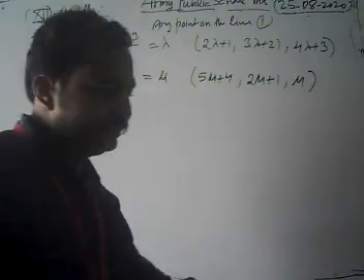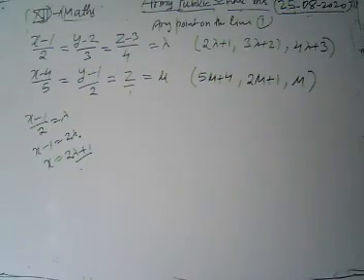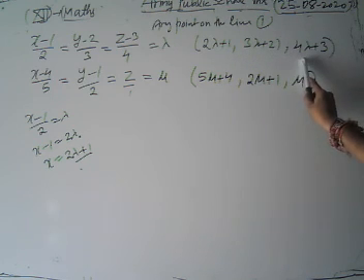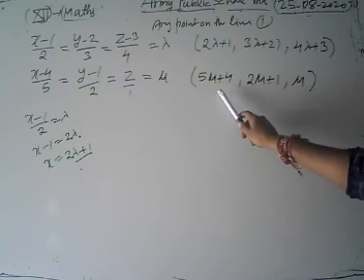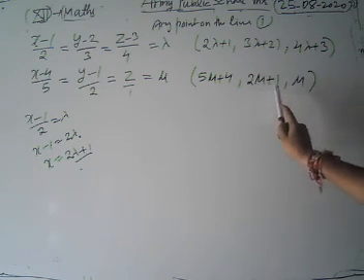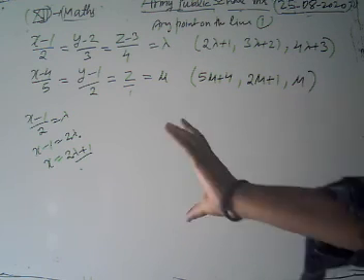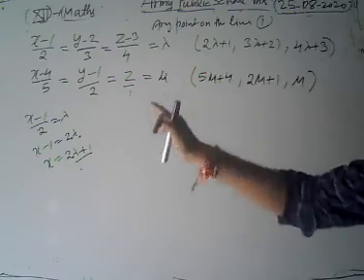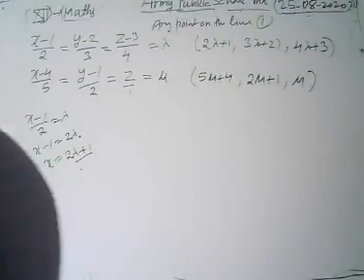Now we have a general point on each line. On line 1 it is (2 lambda plus 1, 3 lambda plus 2, 4 lambda plus 3), and on line 2 it is (5 mu plus 4, 2 mu plus 1, mu).